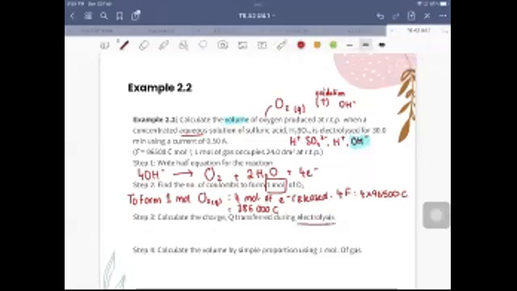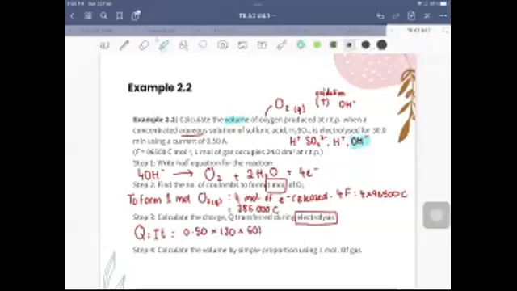Now calculate the charge Q transferred during electrolysis. This is the charge that was moved around in our electrolysis setup, and to find Q, we already know the formula. Q equals I times t, where I is the current in amperes, which is 0.50, and the time is in seconds, so you have to convert 30 minutes by multiplying by 60 seconds.